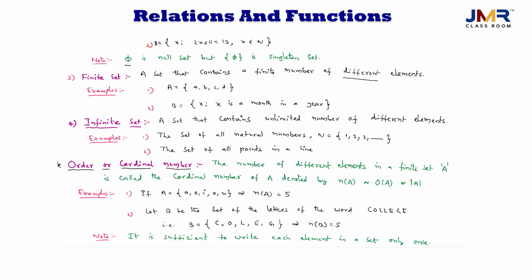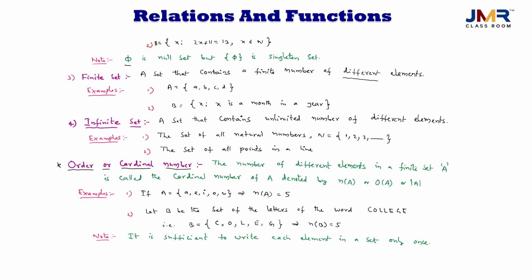Now, examples for infinite sets: the set of all natural numbers, the set of all whole numbers, the set of all integers, the set of all rational numbers, the set of all irrational numbers. All these sets are called infinite sets because each of these sets contains infinitely many elements.